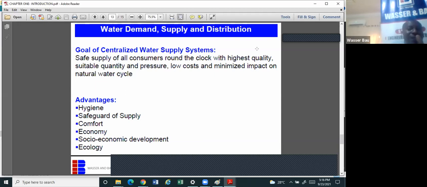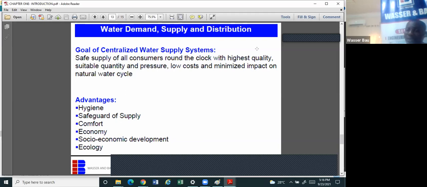Then the next thing you need to consider is that you need to extract this water at low cost. You must make advantage of low cost. It doesn't make sense for you to supply water at such an exorbitant cost that it will be out of range of the average consumer.